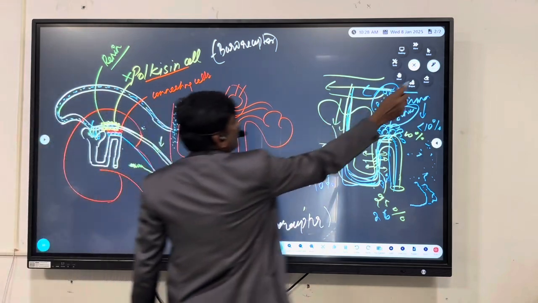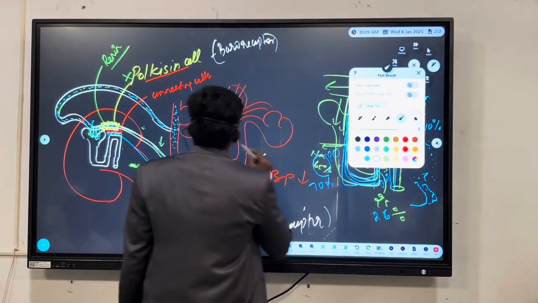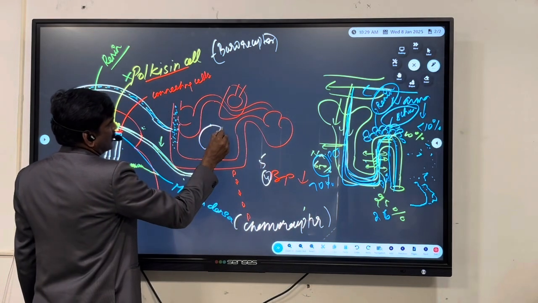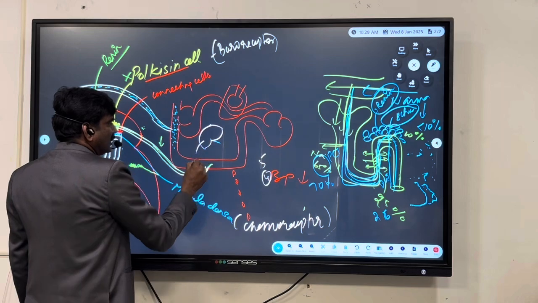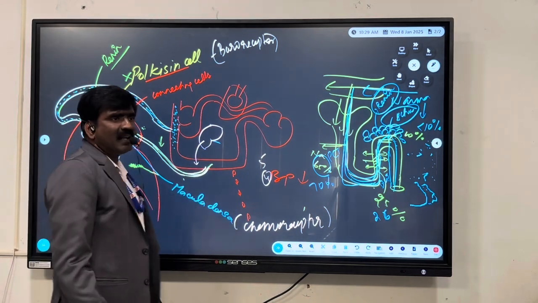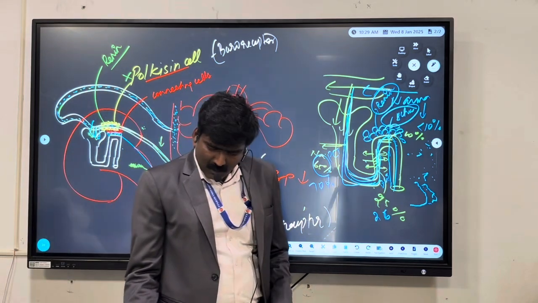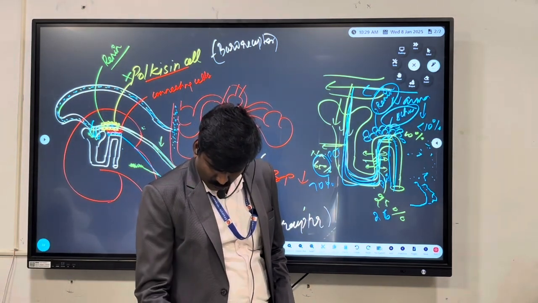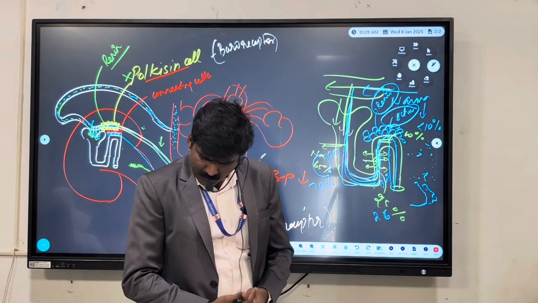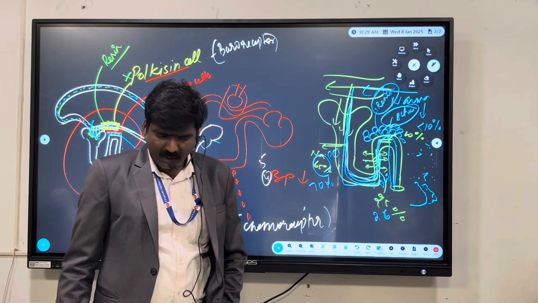By the time the renin comes into circulation, the liver will secrete angiotensinogen.